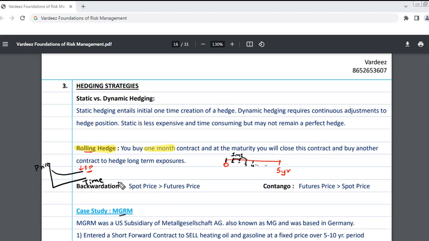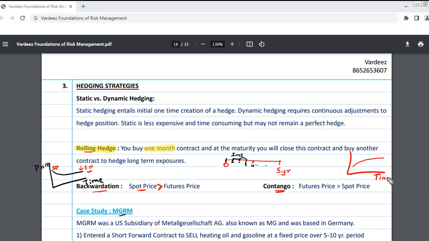So when we have a situation like this, wherein the spot price, the near term or today's price, is greater than the futures price, then we say that we have a situation known as backwardation. And the opposite of backwardation is contango.